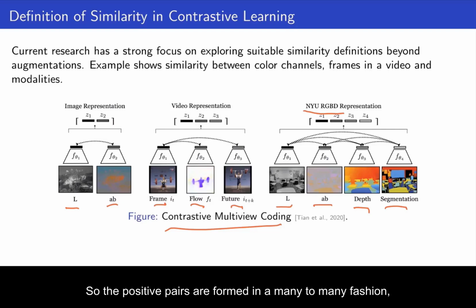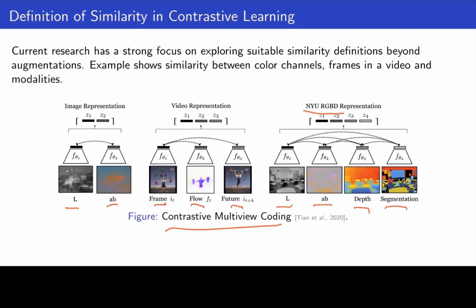The positive pairs are formed in a many-to-many fashion, with all modalities forming a positive pair with all modalities of the same scene. Or this can also be done with the definition of a core view. This means that all modalities form a positive pair with a core view only.